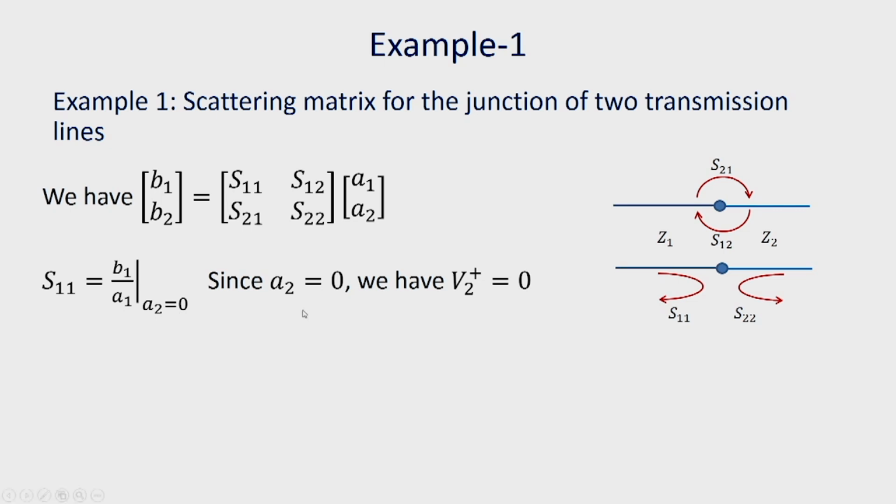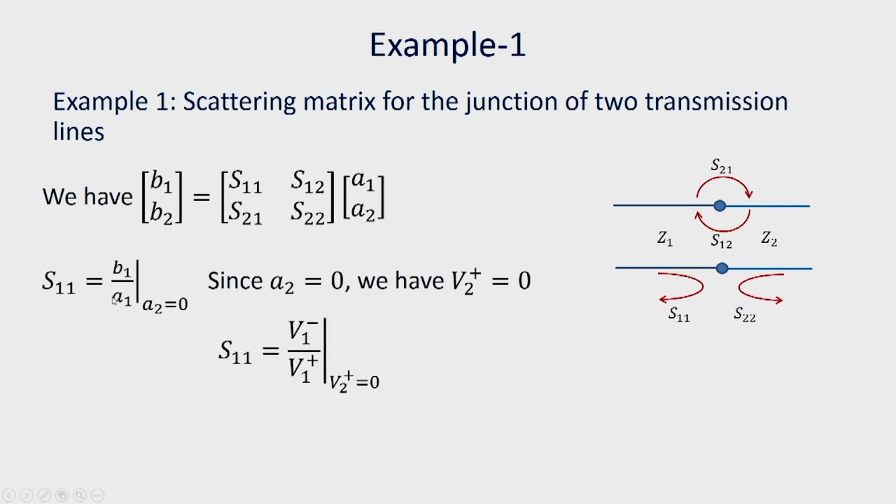Now, we have defined A2 to be V2 plus divided by root Z0 2, or here it is root Z2. So, when A2 equal to 0, it means V2 plus is equal to 0.